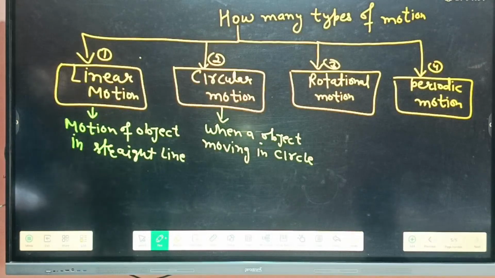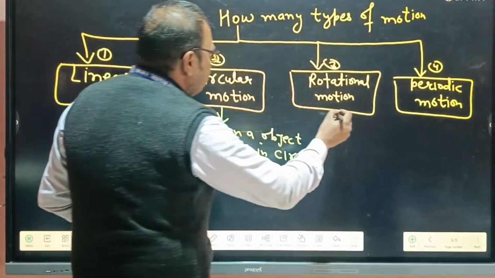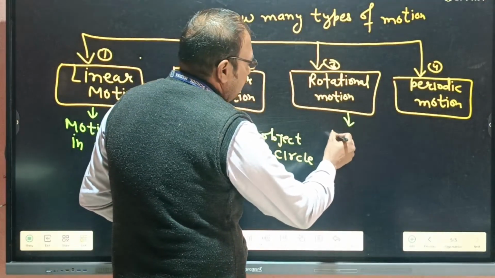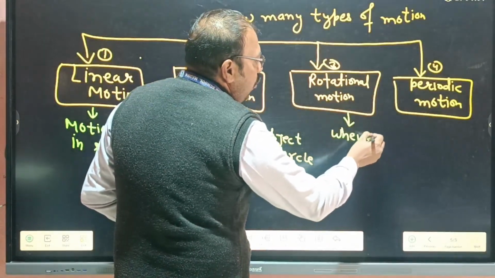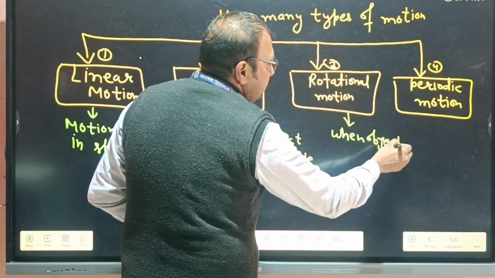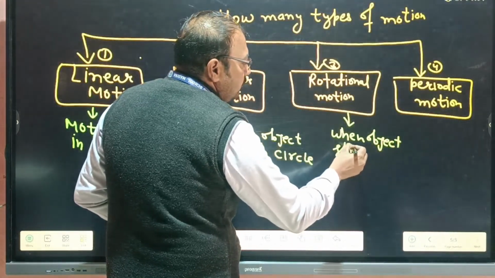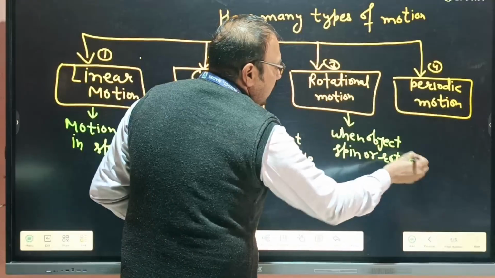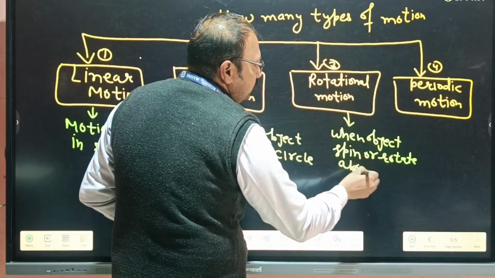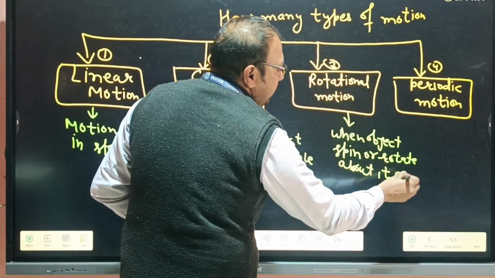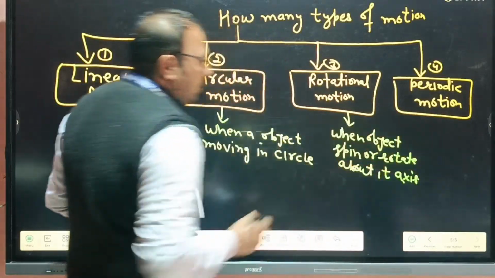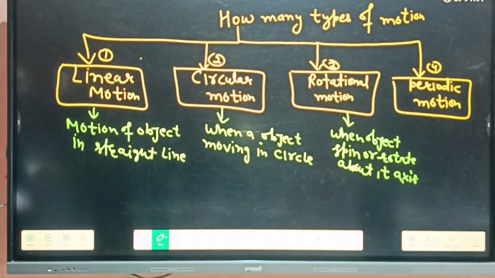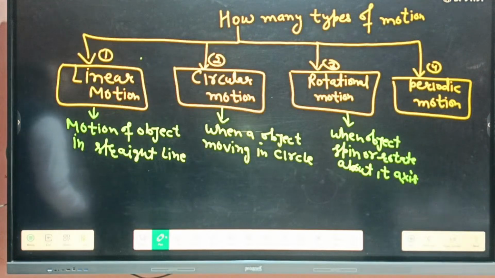And what is rotational motion? When an object spins or rotates about its axis, this is known as rotational motion. And last one, what is periodic motion?